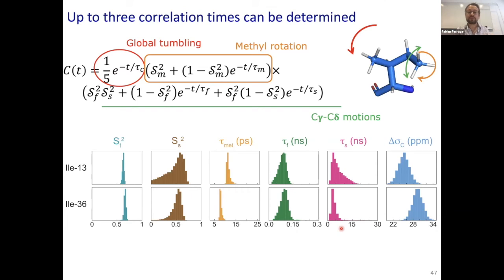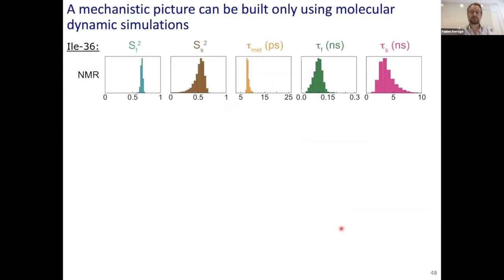these relaxation rates will not tell us what exactly is the motion that takes place. And to do that, the best way to actually look at the motions and analyze them in detail is to look at molecular dynamics simulations.